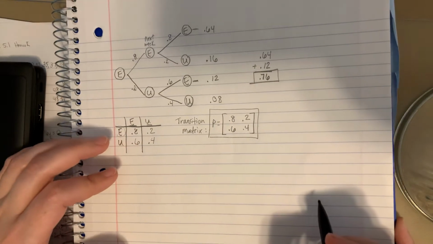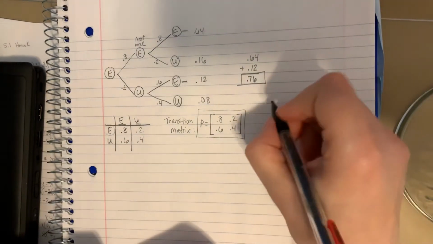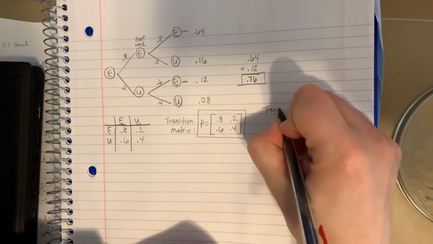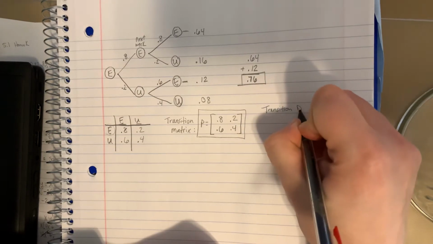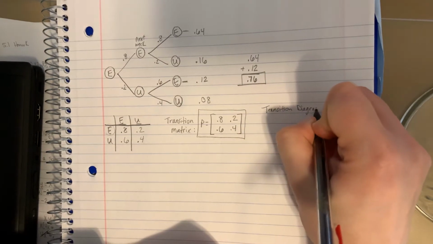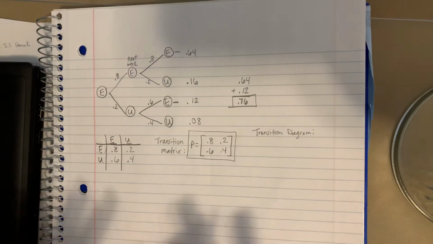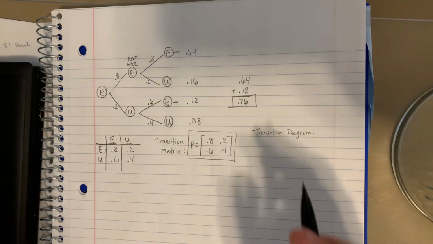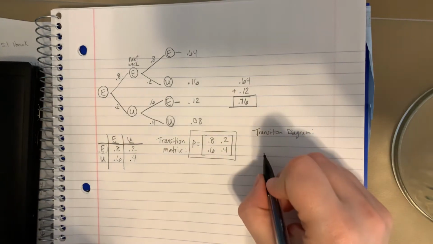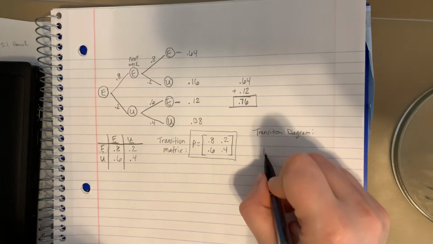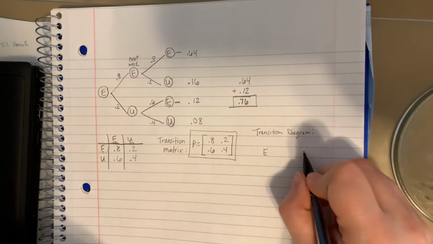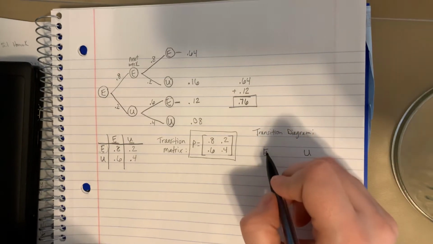If I need my transition diagram, my transition diagram is that weird looking diagram that we talked about. So remember, you have two states in this case. I've got a state of employment or a state of unemployment.